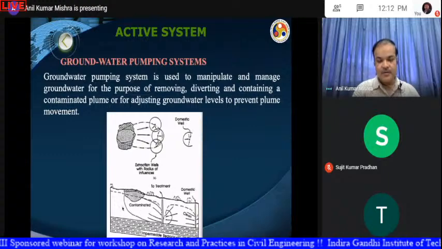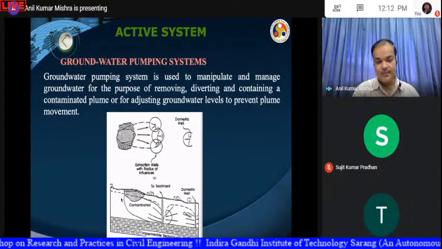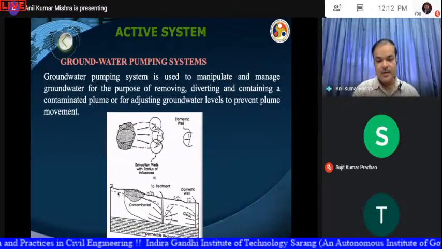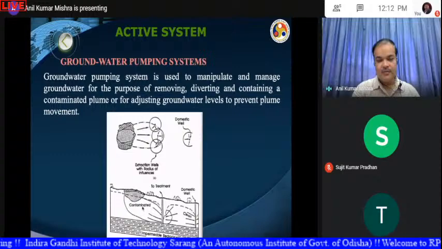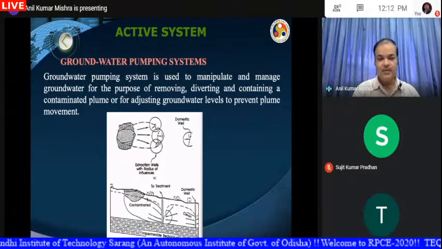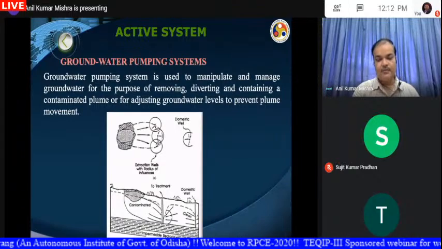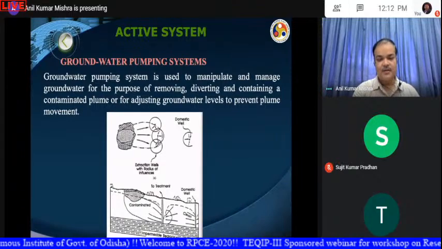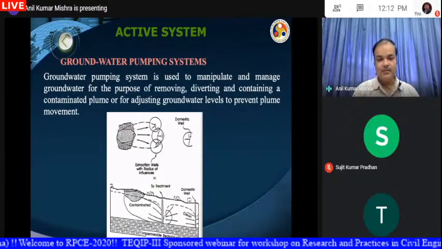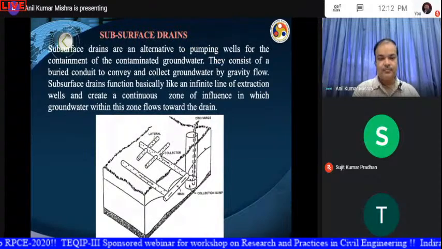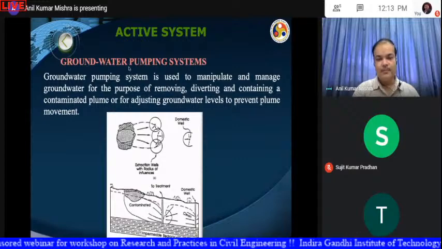When you start pumping out the water from the groundwater, the water table will fall and it will pass below this contaminated site. So here we are just manipulating the groundwater table such that the groundwater will not react with the contaminated waste and further move into your downstream side. So this can be achieved by a groundwater pumping system.